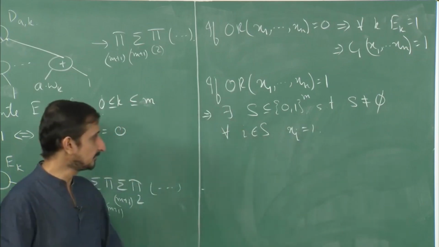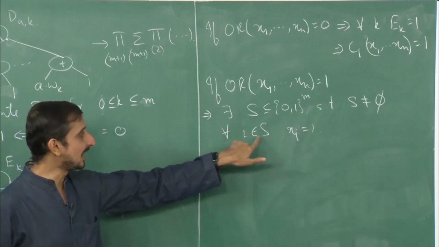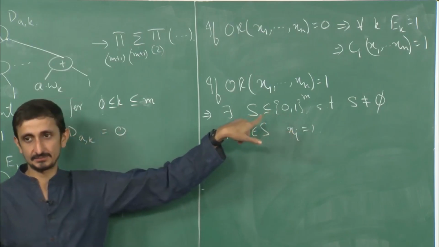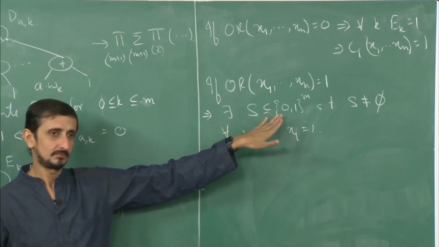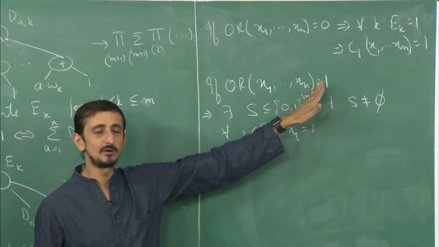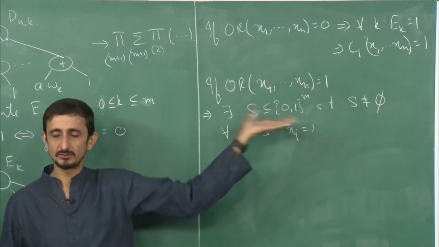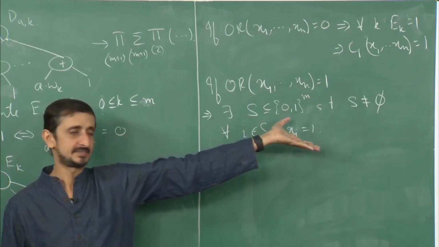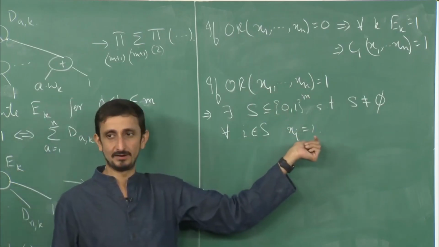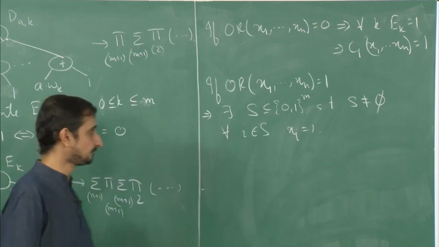So, this is a little bit of abuse of notation. When I say I in S, I am looking at the binary representation of I in S. So, if OR of xi is equal to 1, I know that there are some indices which are 1. So, S is a non-empty set, and I am looking at exactly those indices which are 1.